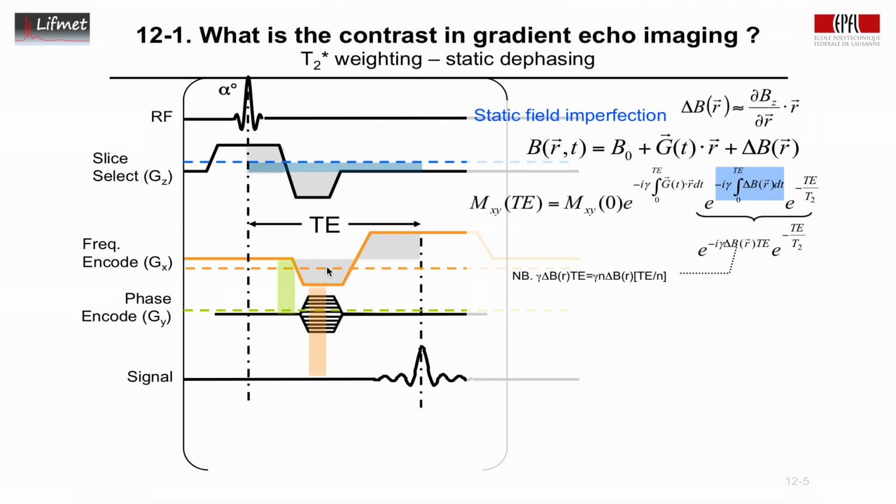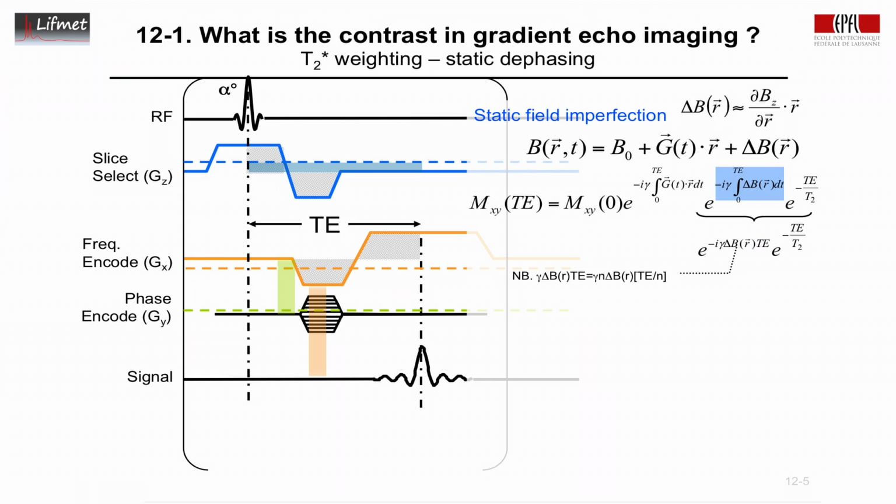Now the effect of this inhomogeneity is to change the area here. This is of course a huge exaggeration of these effects. But the effect of the inhomogeneity is to introduce additional dephasing, and this will change a little bit the position of the echo. So not much to worry about.